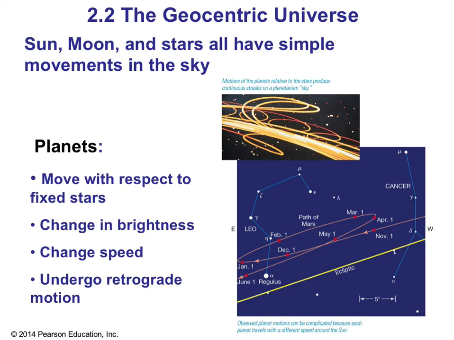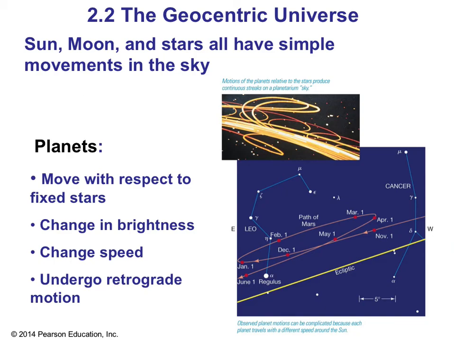So obviously, originally people thought that our solar system was based on the geocentric universe, meaning that the Earth was right in the center of the universe. Very often, that idea was driven by religious beliefs.